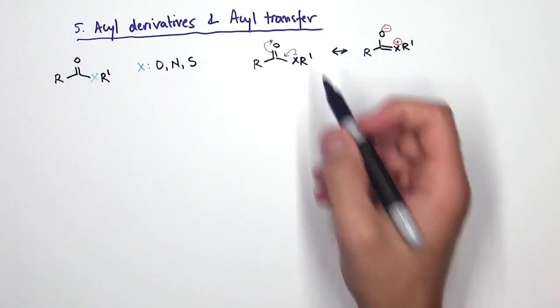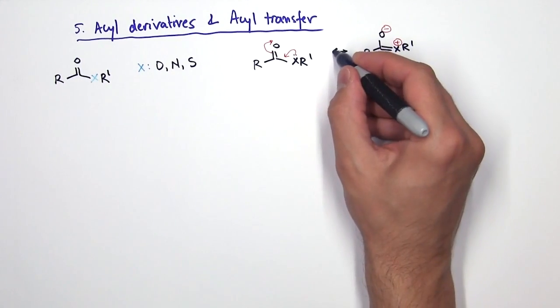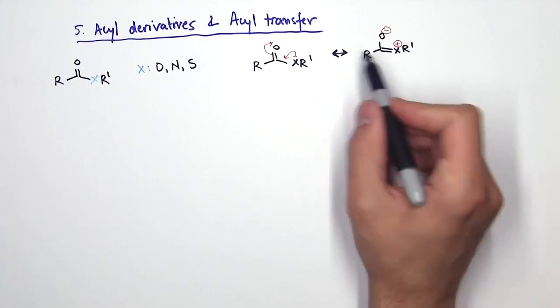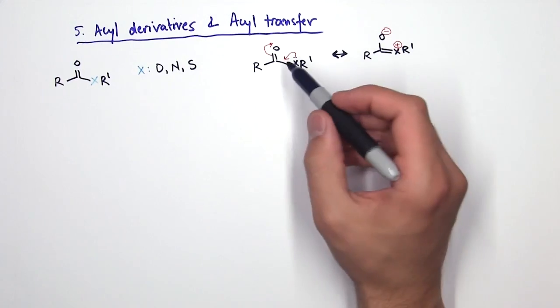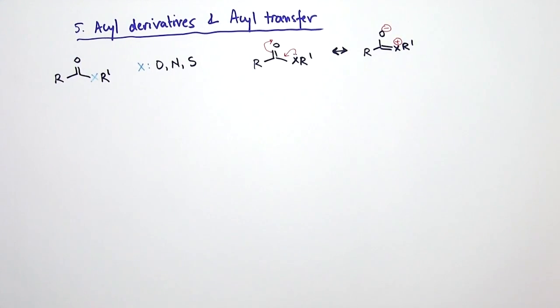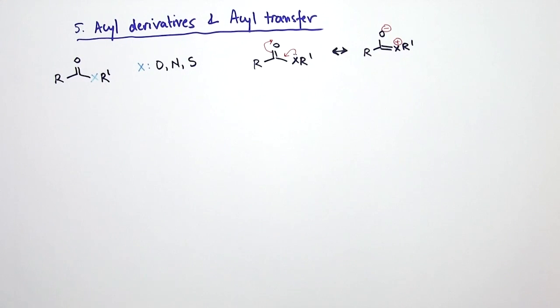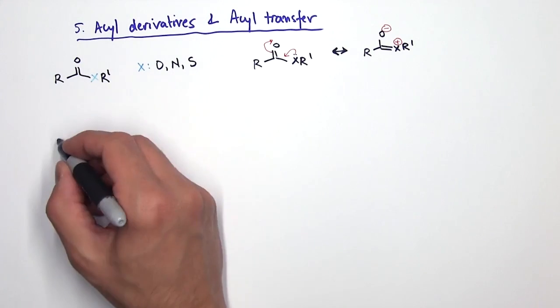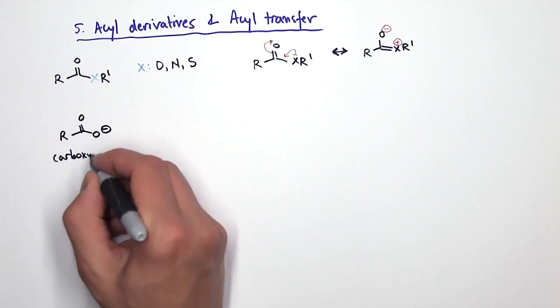Now, the properties of the acyl derivatives would be dictated by how easy or how difficult it is to adopt this minor resonance structure. In other words, how likely is it for the heteroatom to participate in this electron conjugation. Let's take a look at a couple of acyl derivatives. This is a carboxylate.